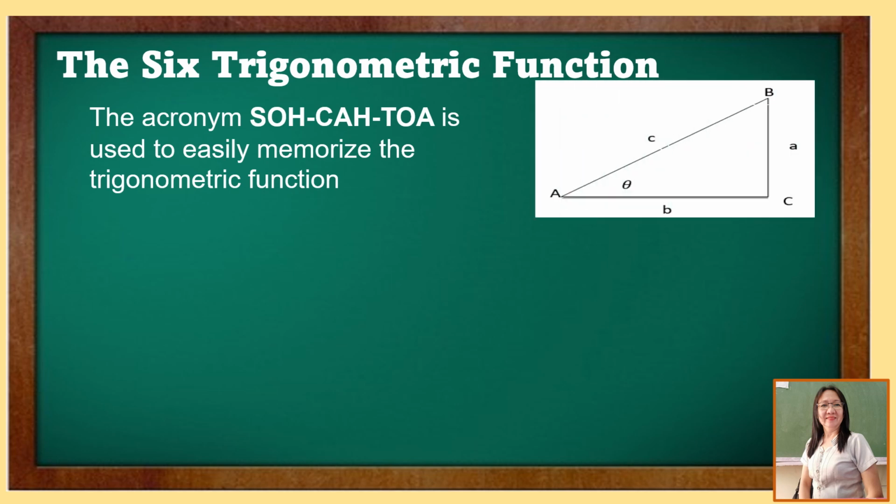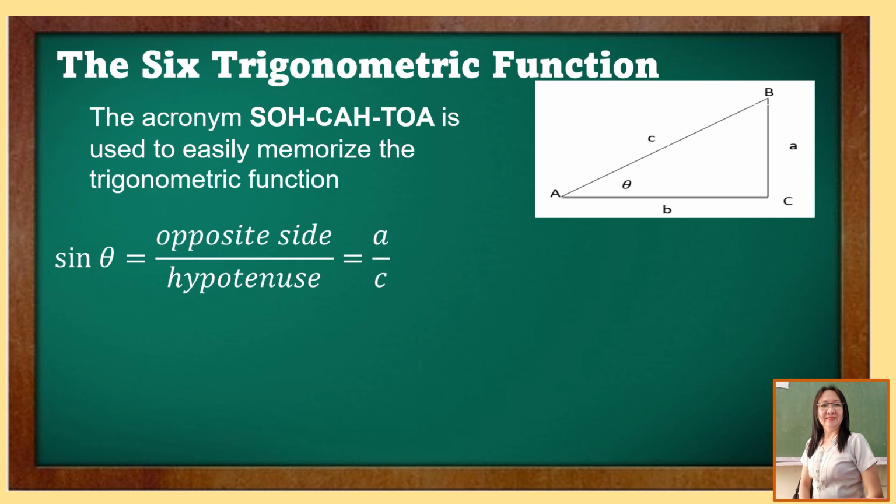Now let us have first our illustration of right triangle BCA. At this point, our reference angle is theta. To describe our sine, it is opposite side over the hypotenuse, and it is referring to our SOH in the acronym.